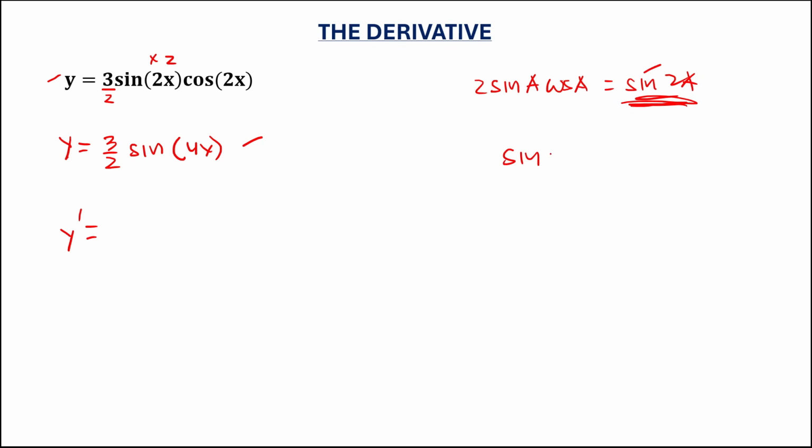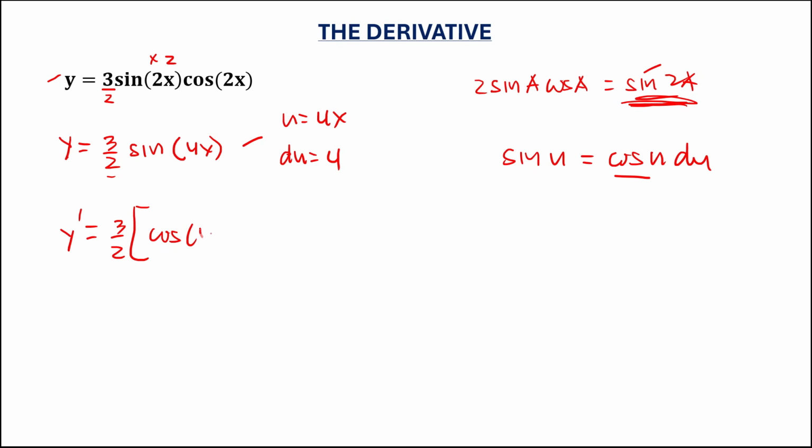Since the derivative of sine u is equal to cosine u times du, from this given, u is equal to 4x and du is equal to 4. So again, to evaluate the derivative, bring down the constant, then times the derivative of sine, which is cosine 4x, times the derivative of u, that's 4.